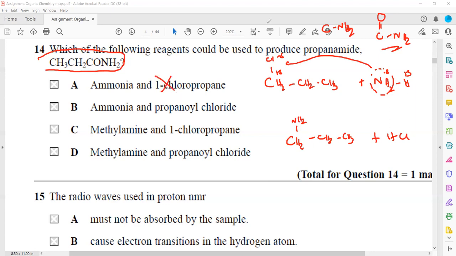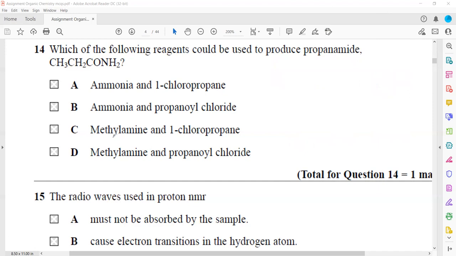B is the right answer, we already discussed. But why can C not be the right answer? If we have methylamine, so methylamine means CH3NH2. This is partial positive, this is partial negative. And in the NH, this whole N is partial negative and hydrogen is partial positive, because there's a greater difference in electronegativity between nitrogen and hydrogen as compared to nitrogen and carbon.